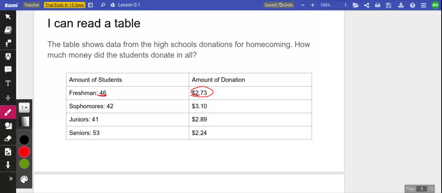For this part, I'm going to take 46 freshmen times $2.73 each. And that gives me $125.58. The next one is 42 sophomores, and they each gave $3.10.